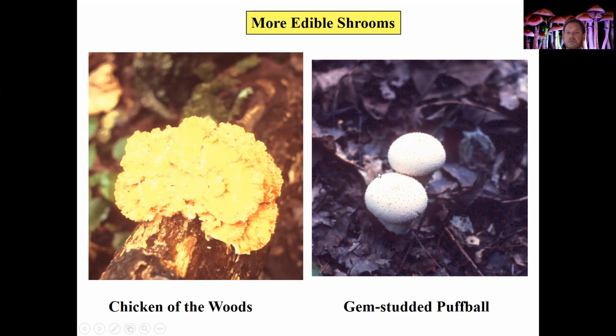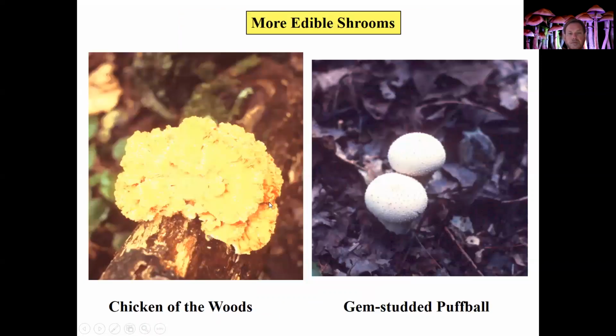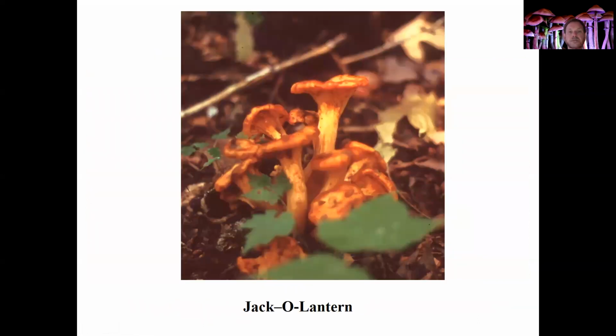Gem-studded puffballs, which are also edible. These are not edible, and they can be confused sometimes because they can look kind of yellowish orange, but they also look like chanterelles, which is another edible. But they grow out of wood, and they're bright orange like a jack-o'-lantern pumpkin.